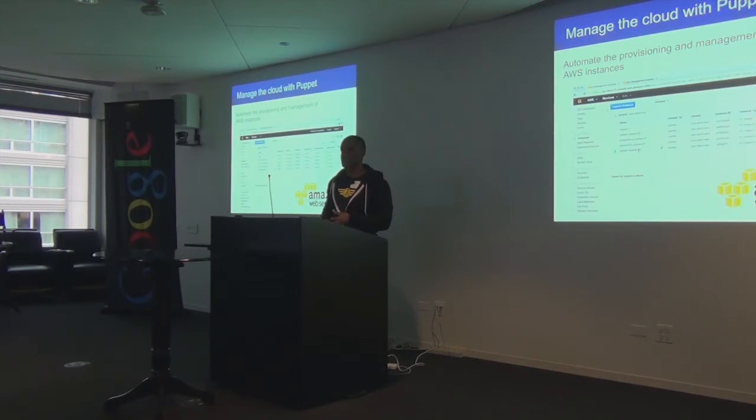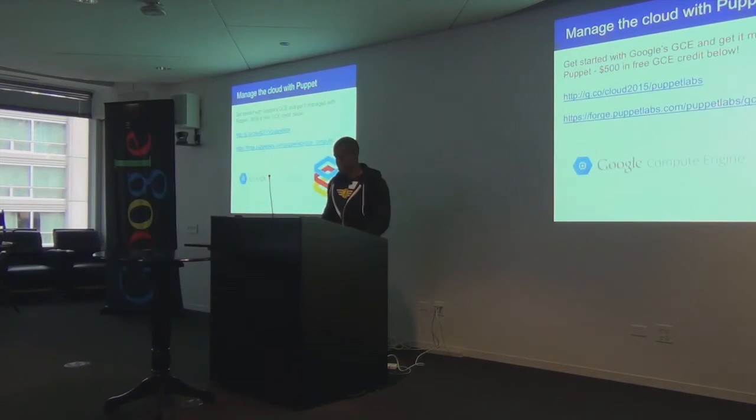What block devices should be created with this particular instance? Those sorts of details you can start to pass in. And additionally, you can leverage some of the benefits that Puppet offers, like templates, to dynamically create your user data scripts for creating new instances in AWS. This isn't limited to AWS.